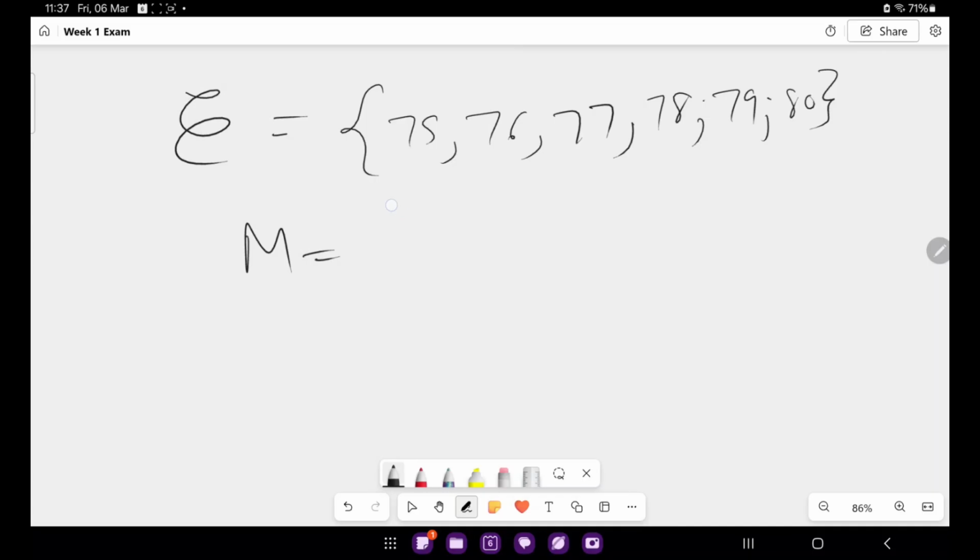So we have to think now, is 75 an even number? I bet every one of us knows what an even number is, but if there's anyone who doesn't or forgot, an even number is a number that when you divide by 2, you do not get a remainder.